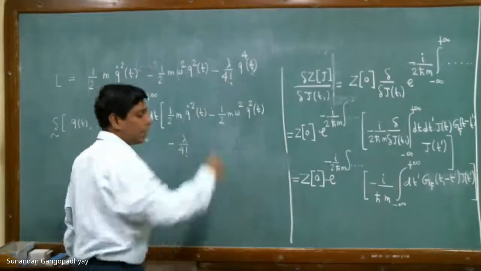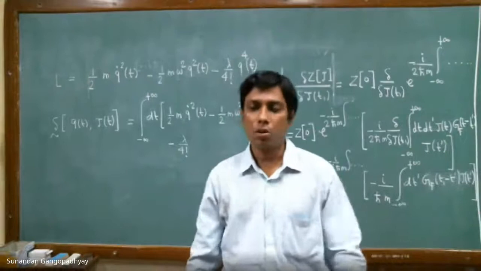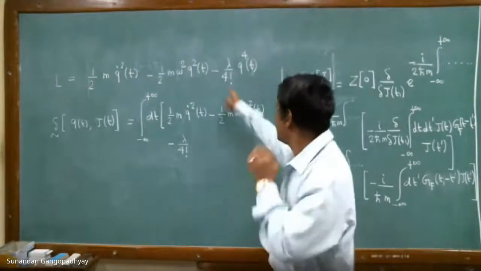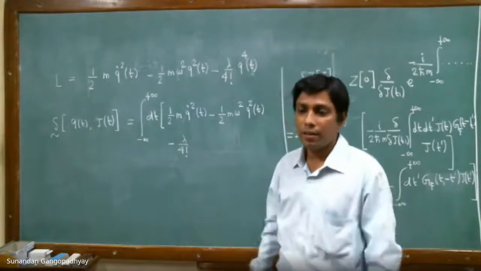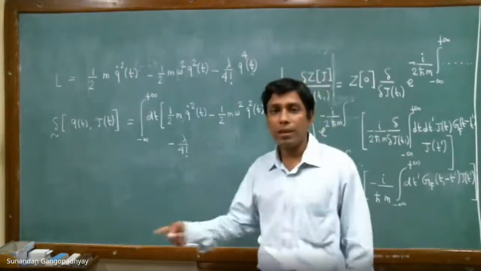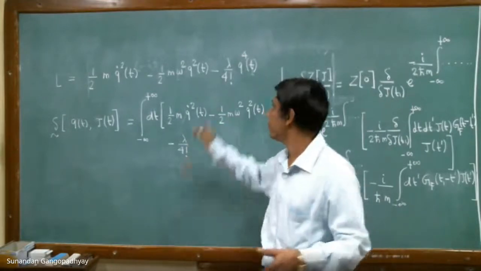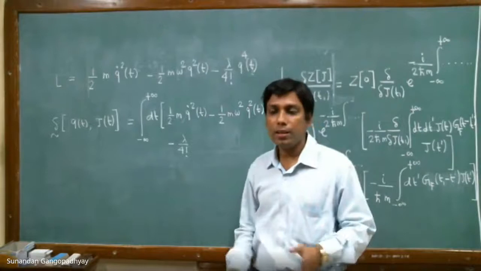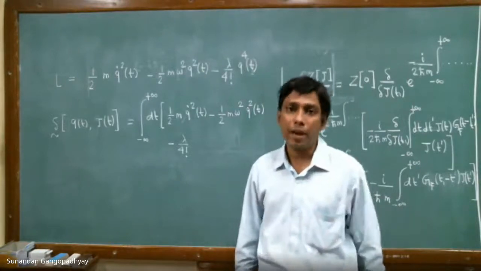You may ask, why did I put a factor of 4 factorial there instead of a factor of 4 or 2 or whatever? This is a combinatorial factor. It turns out to be very nice when you calculate the various endpoint functions. This 4 factorial means 24, which gives a nice factor that cancels various numerical factors.